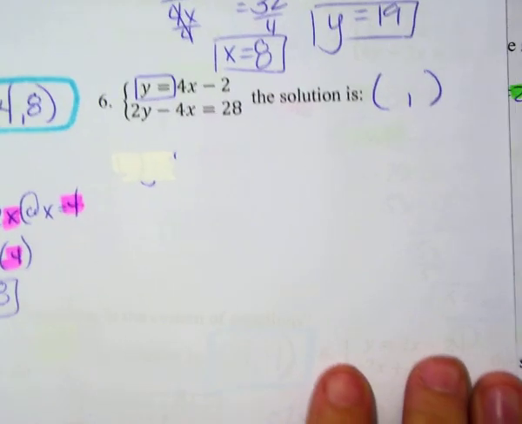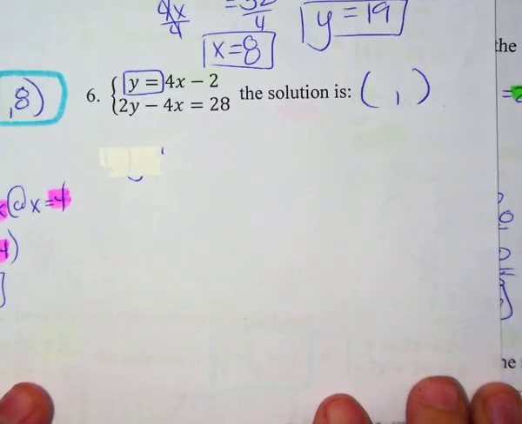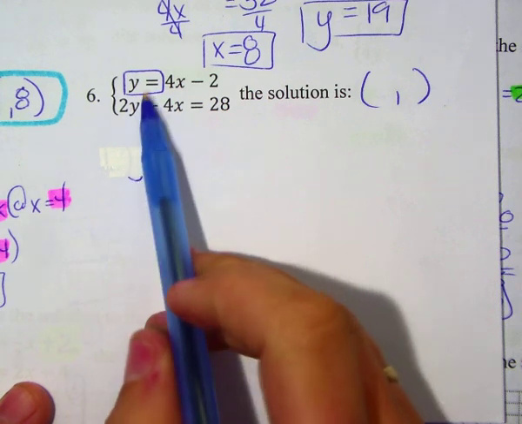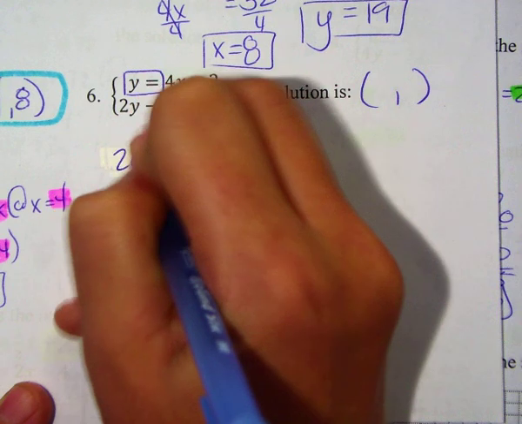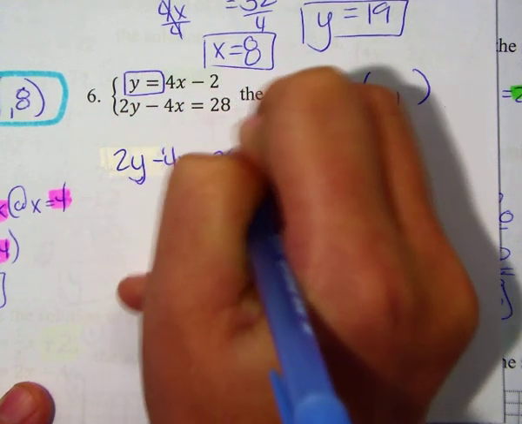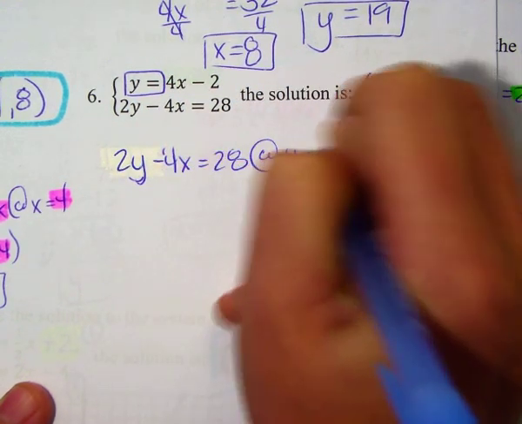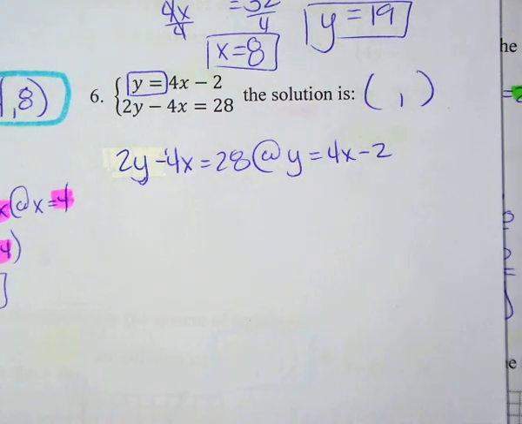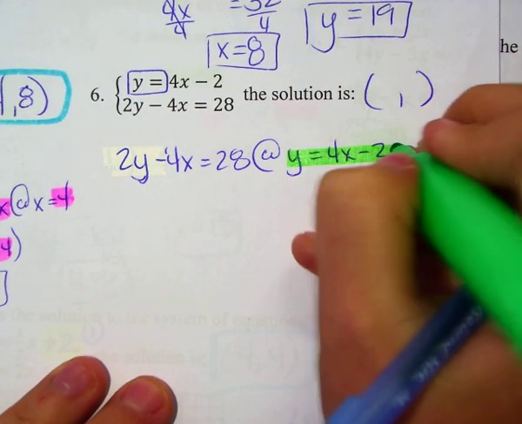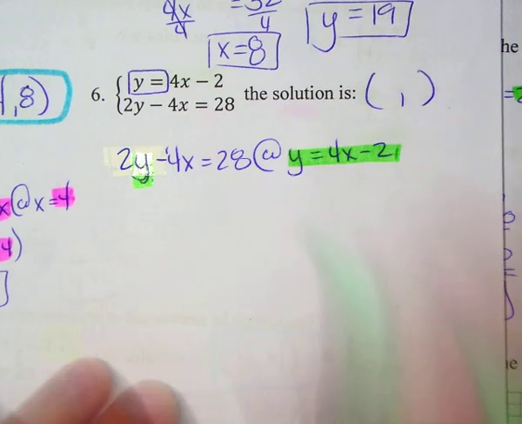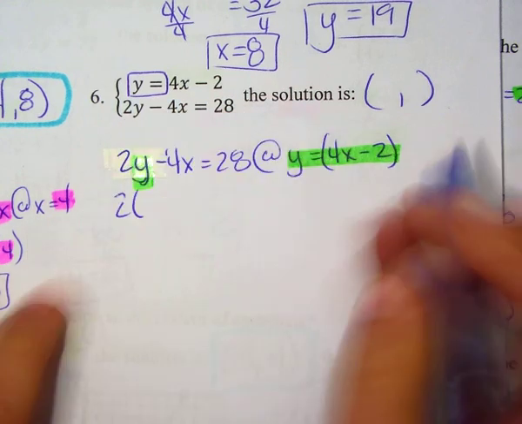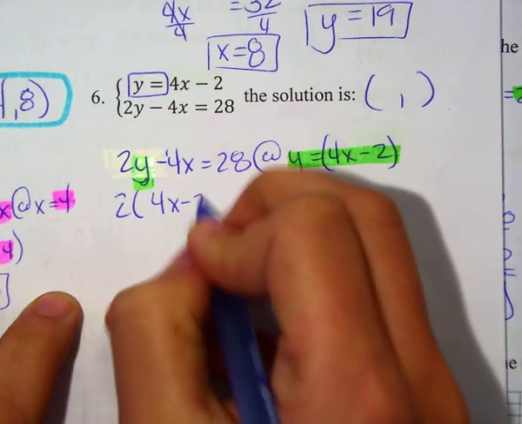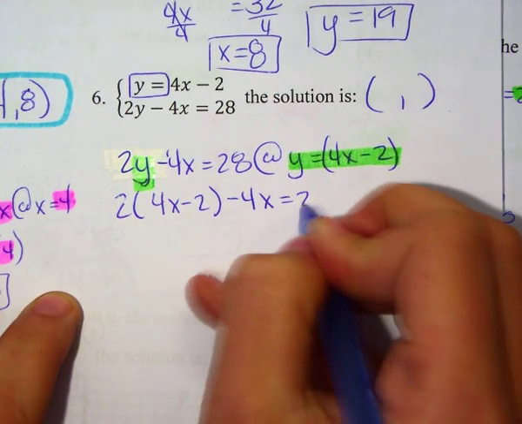Do one more. I'm going to do number 6. Step 1, identify the variable that's by itself, so that's y. So I'm going to plug this expression into the second equation. Everywhere that I see a y, I'm going to substitute in 4x minus 2. So this will be 2 times the quantity 4x minus 2 minus 4x equals 28.